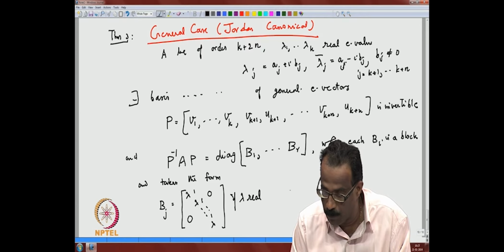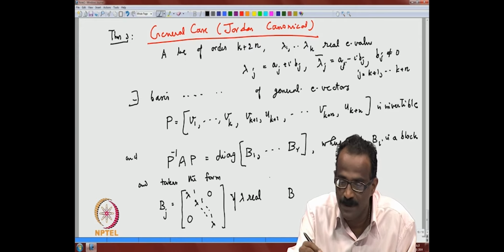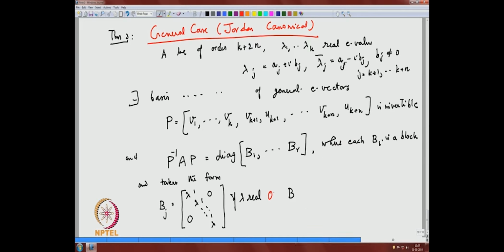Or it can have the block Bj of the form, again we have discussed how to compute this. It will be D on the diagonal, I2 above the diagonal, and D again.